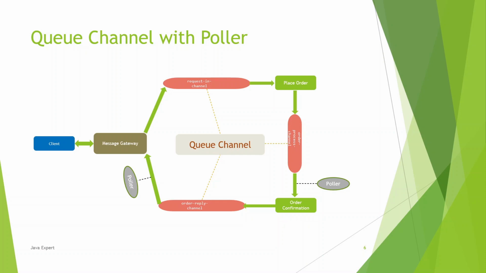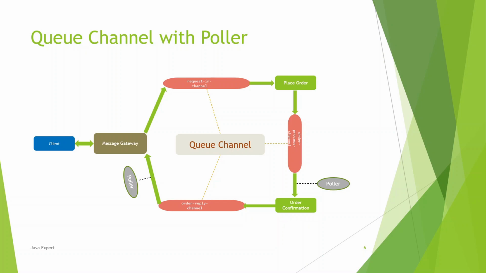In Spring integration, a QueueChannel is provided by Spring itself. That's an in-memory QueueChannel, which means you can place the message and it will be persisted only till the application is restarted. Suppose you have placed 1,000 messages in a queue, but all of a sudden you restart the application. Those messages are no longer available because it's an in-memory queue.